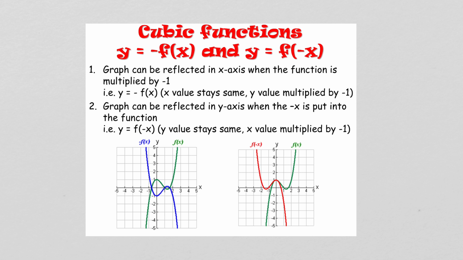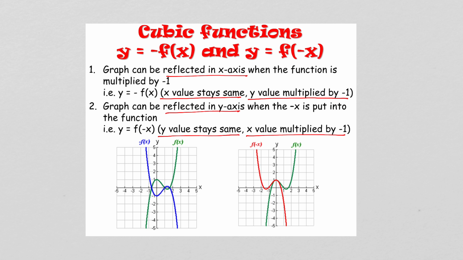So in other words, the y value is multiplied by minus 1 and x stays the same. If the graph is reflected in the y-axis, then what happens is the x value is multiplied by minus 1 and the y value stays the same. So in other words, all the x values are multiplied by minus 1 and the graph gets reflected in the y-axis. All of the y coordinates are multiplied by minus 1 and the graph gets reflected in the x-axis.